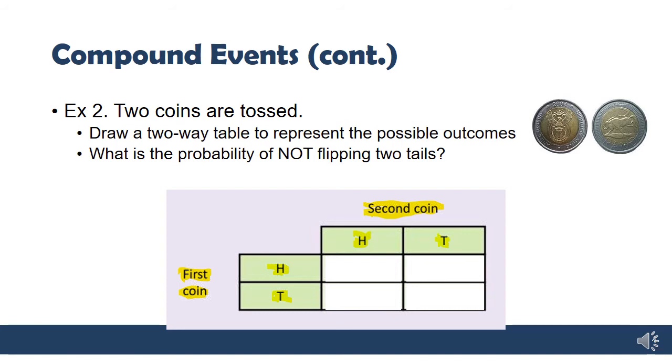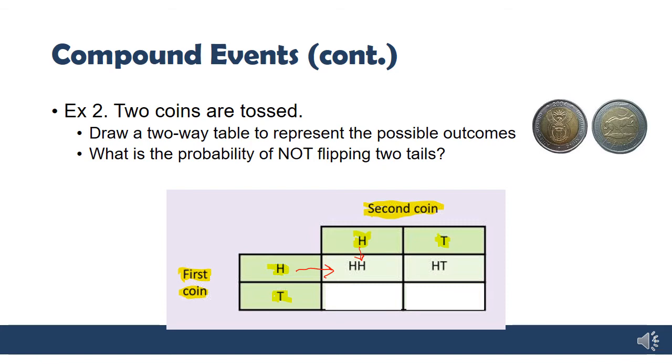So the way that we work this is that we take the first event and we marry it with the second one. So I have heads and heads. And carrying on across to the right, I have in my first coin heads and my second one tails.